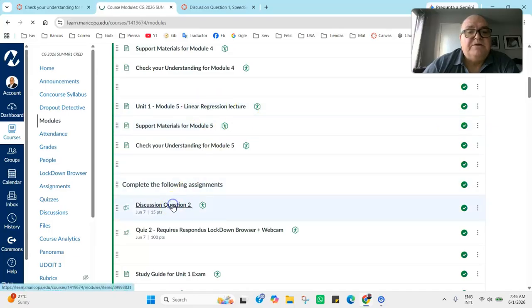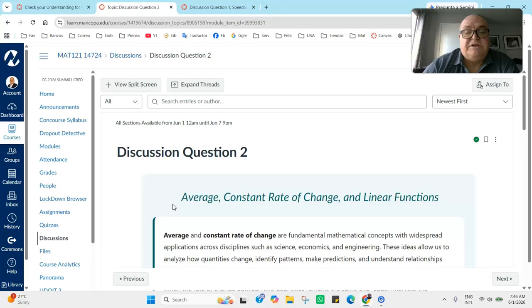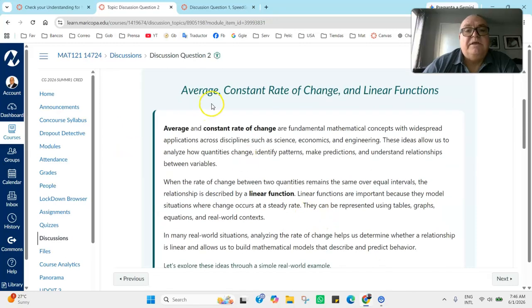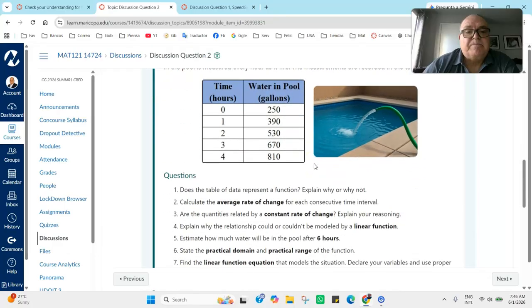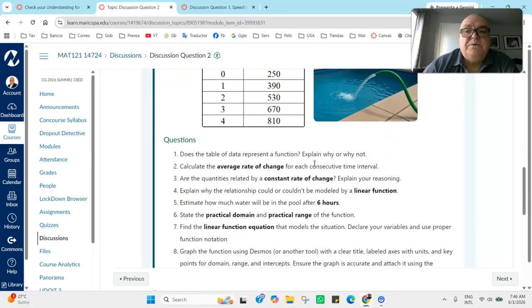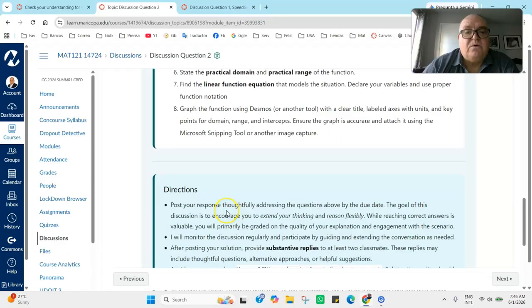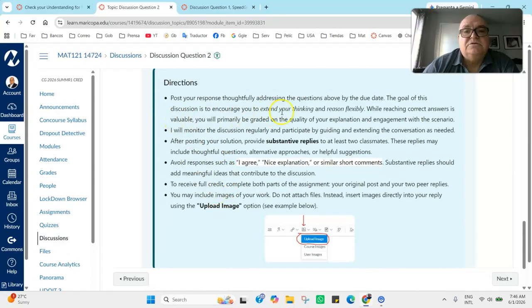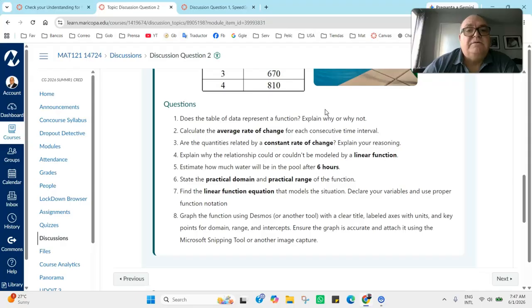And then you have here the discussion question for this week, dealing with average constant rate of change and linear functions. So remember to follow the instructions, because some of you didn't follow the instructions in the first discussion question.